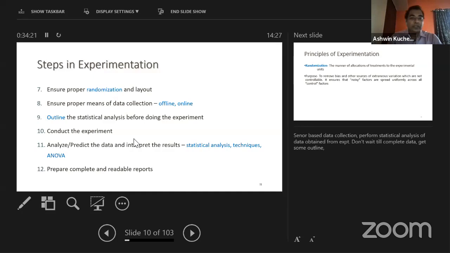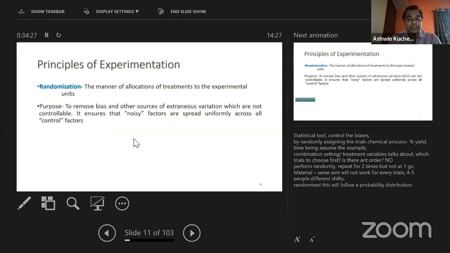Now, once we have understood the steps of experimentation, let's focus on the principles of experimentation. As I said, randomization is one of the principles. Randomization is the manner of allocation of treatments to the experimental units. You have to allocate treatments, runs, trials, or experiments at different times.